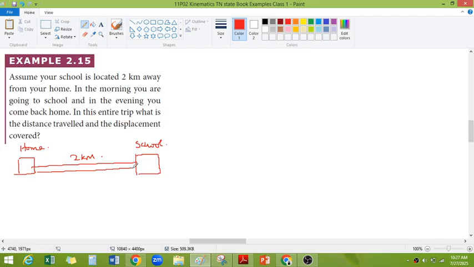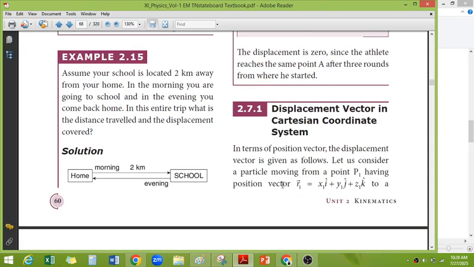So you go and then you come back. So that means displacement is 0, whereas the distance covered will be 4 kilometers. Nothing very difficult. If you have any doubts, please raise your doubts.